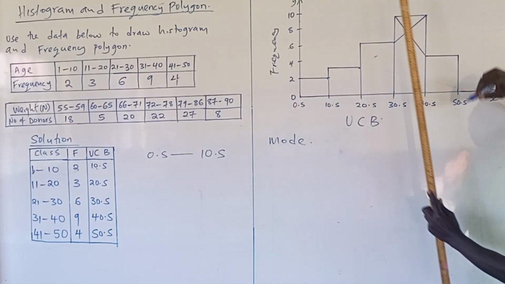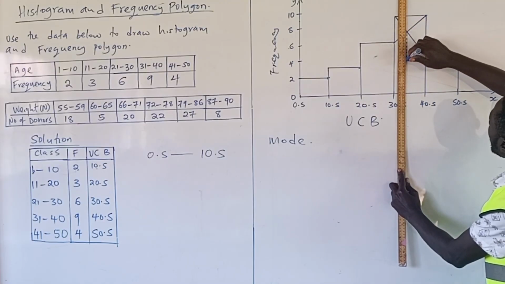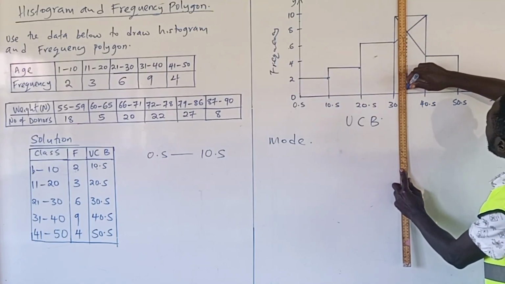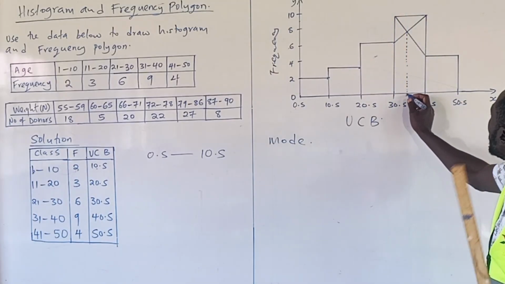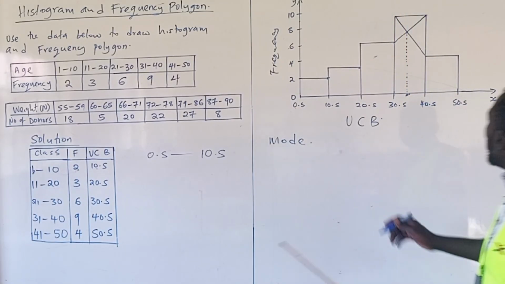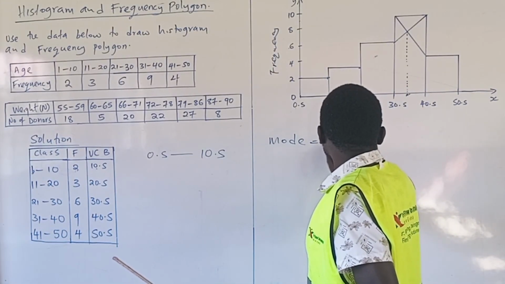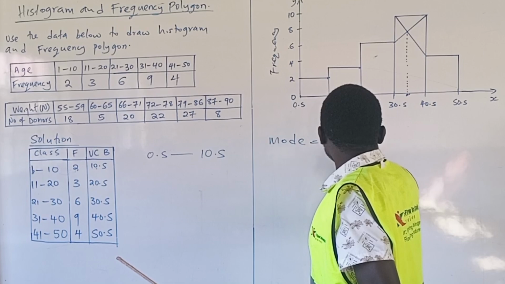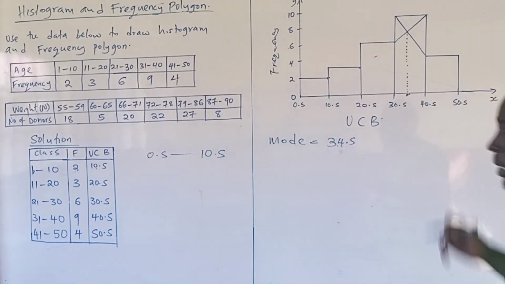So you come down there, like that. Straight line at angle 90. So you come and read this value. So that is the mode. So the mode will be, if you draw a good graph, 34.5. So this one is the mode.